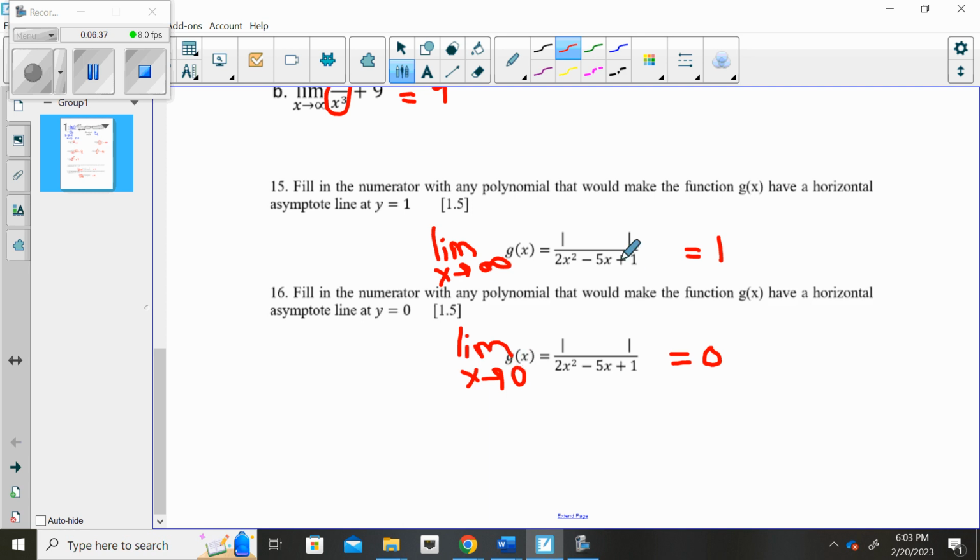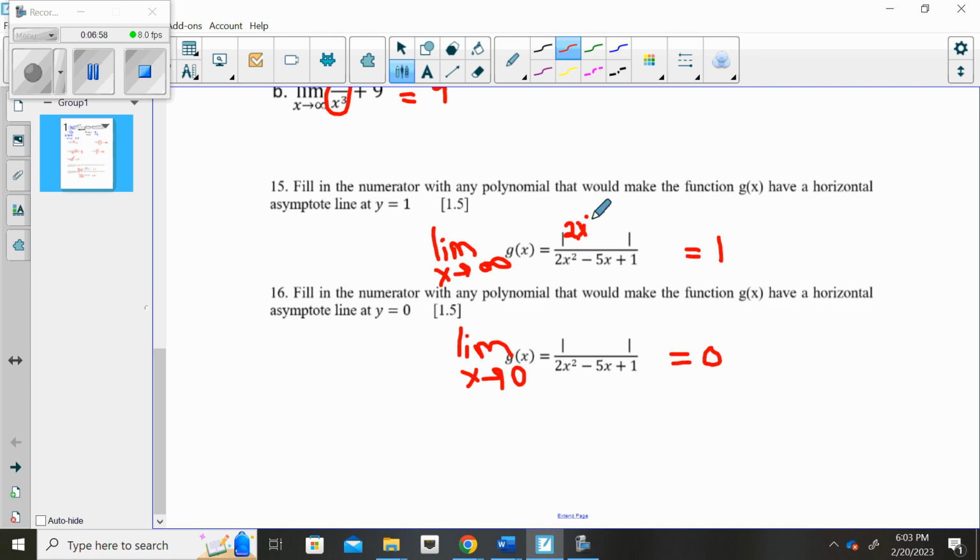Okay, so coming back to 15, we would have to be able to look at the leading coefficients and have the x squareds divide out to leave me with 1. So I would need something here that goes 2x squared.